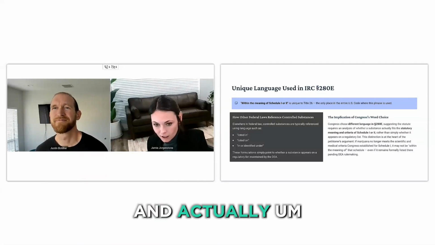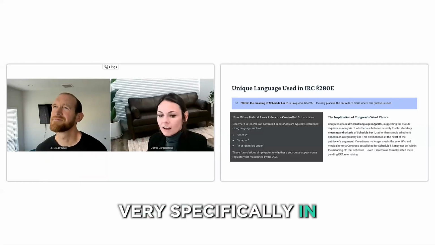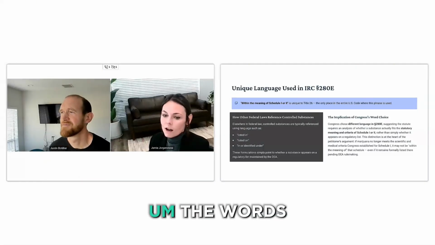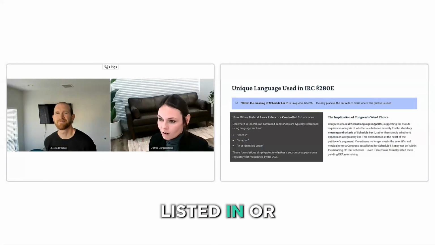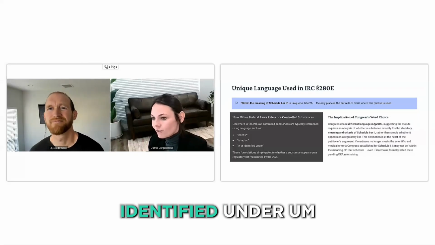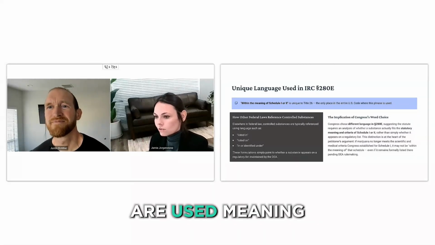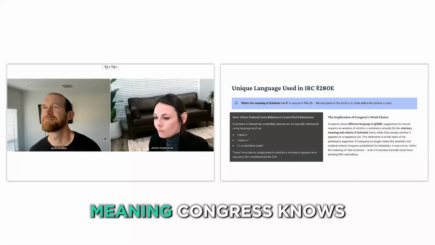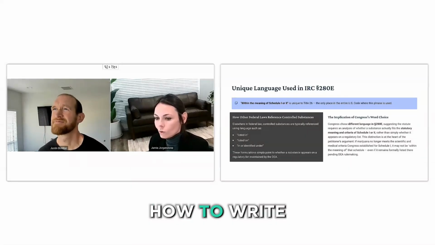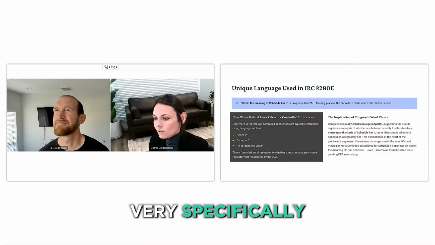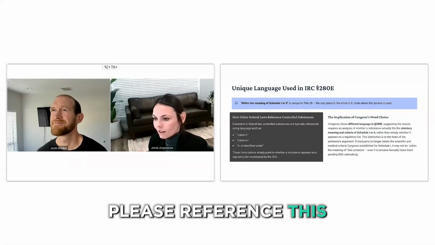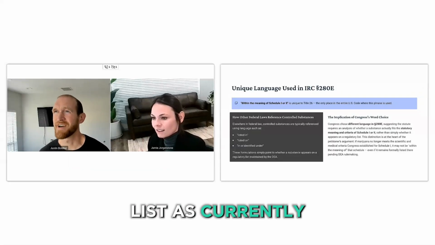And very specifically, in other parts of the code, the words listed in, listed on, or identified under are used, meaning Congress knows how to write into the law very specifically, please reference this list as currently listed, right?